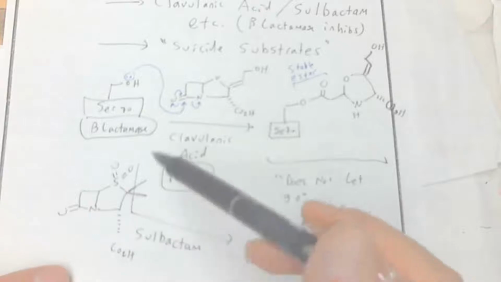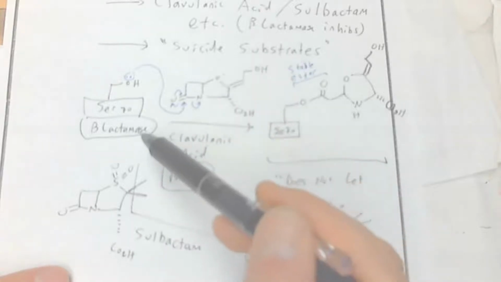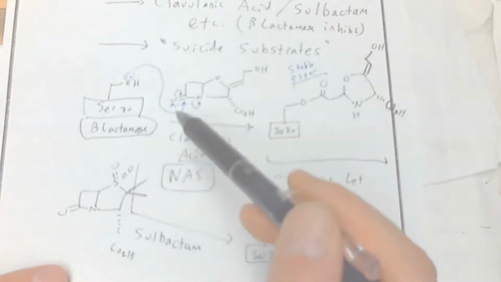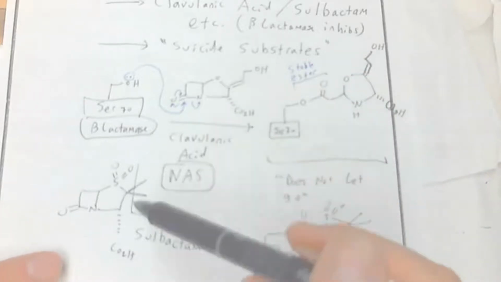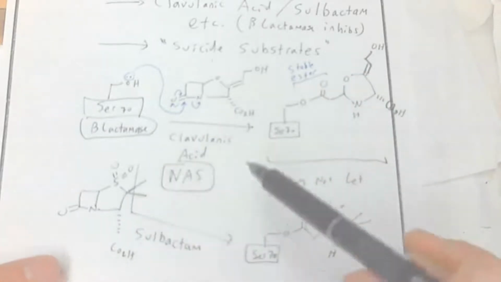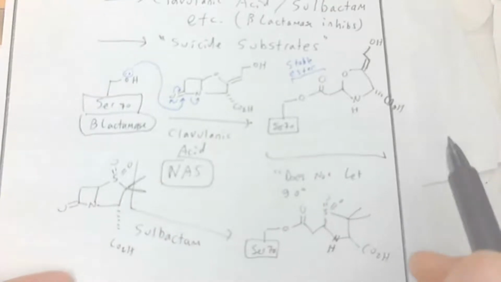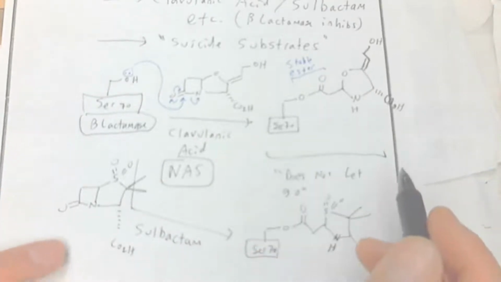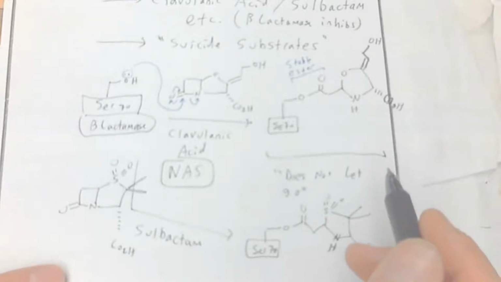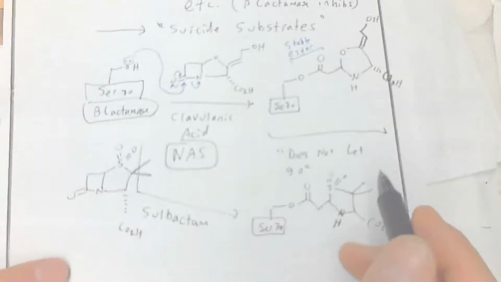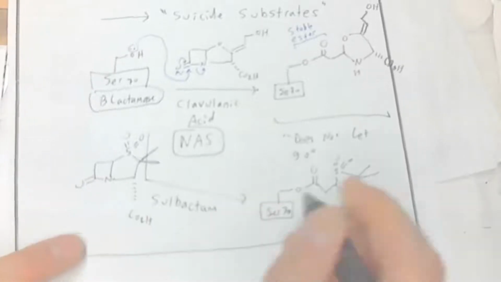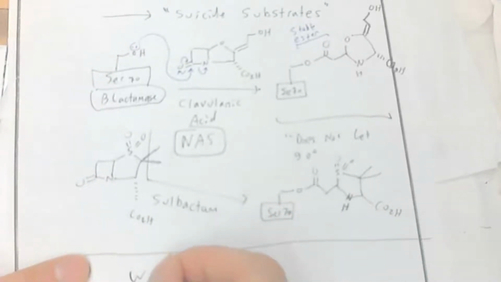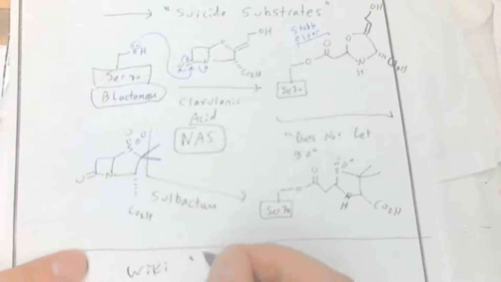In this case, you're deactivating an enzyme from a bacteria, so it's probably considered good. You're trying to mess up a bacteria, so this is a reasonable approach for antibiotics. But there are more examples of suicide substrates, and if you want a little taste, a Wikipedia search is actually pretty reasonable.